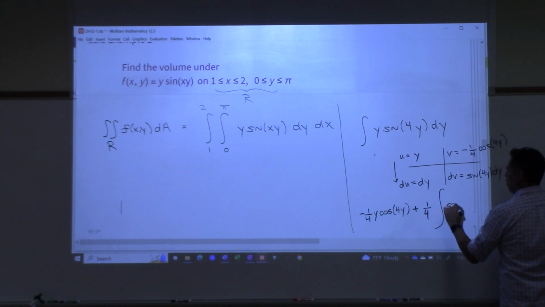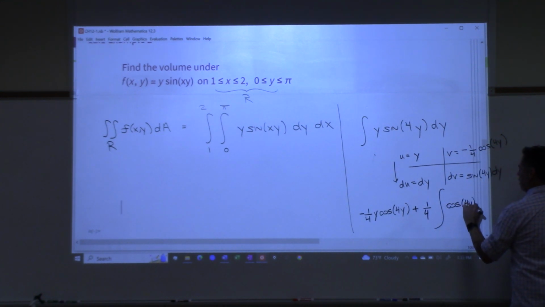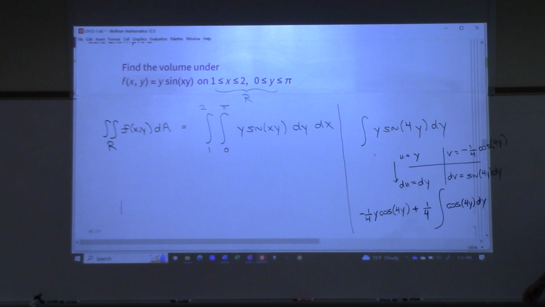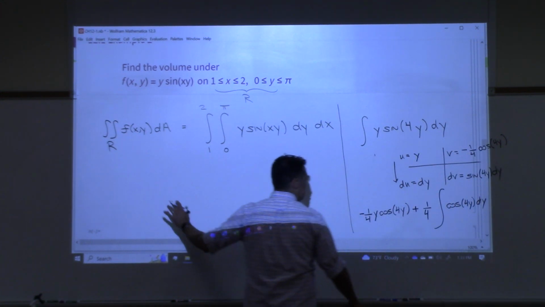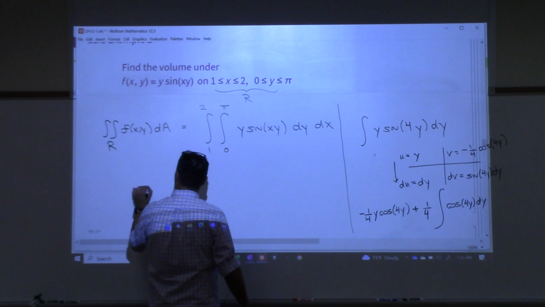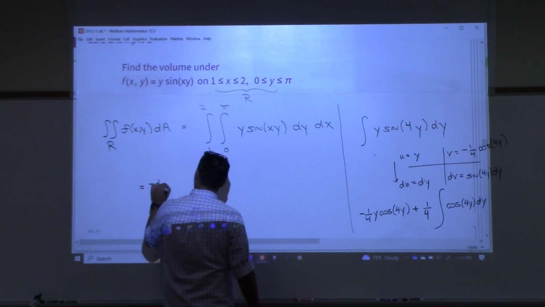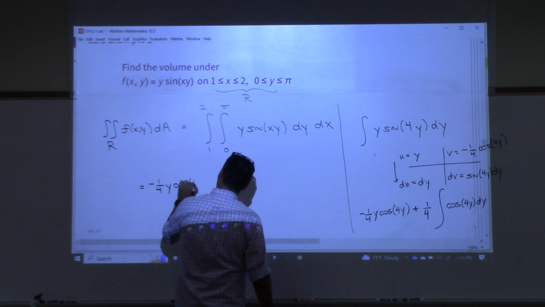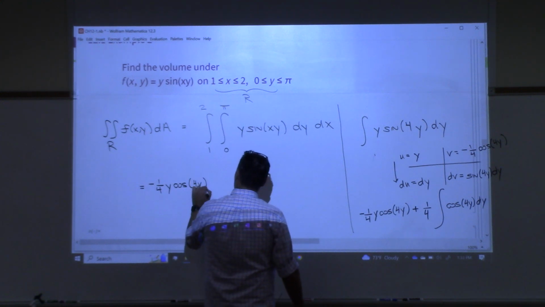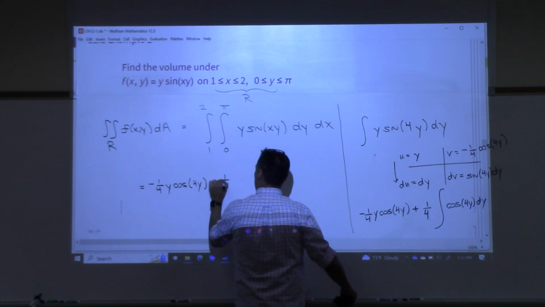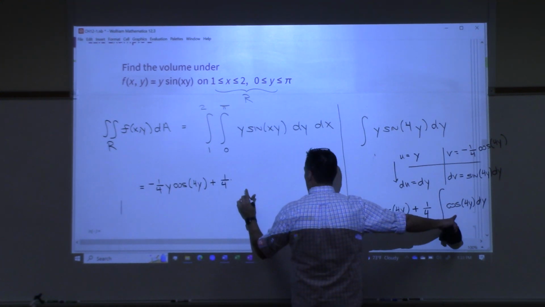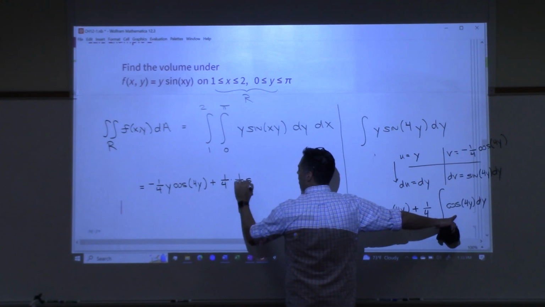And then cosine of 4y dy. And then I'll have to take the antiderivative of that, which should be okay for me, right? So still continuing over here, I've got that equals negative 1/4 y cosine of 4y, and then plus 1/4. But then when I take the antiderivative of that, I'm going to have another 1/4, but now sine of 4y.